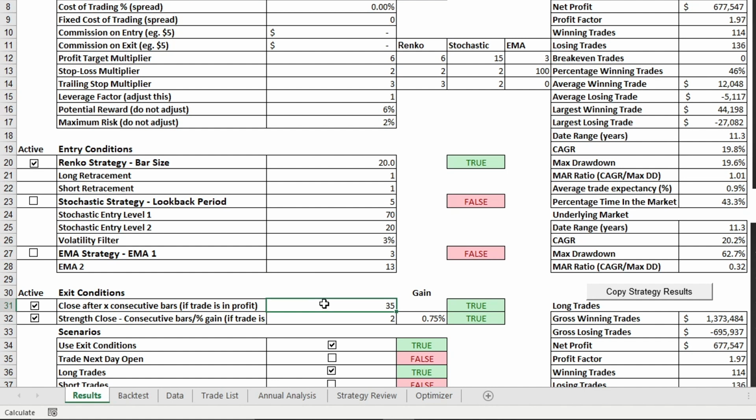So we're going to give the trade a decent number of bars. And if it's in profit and it hasn't hit our targets, then we're going to exit it. So it's a type of inactivity stop. Secondly, we're using what I call a strength close. But the difference is for this one, we're using it only when the trade is in loss.